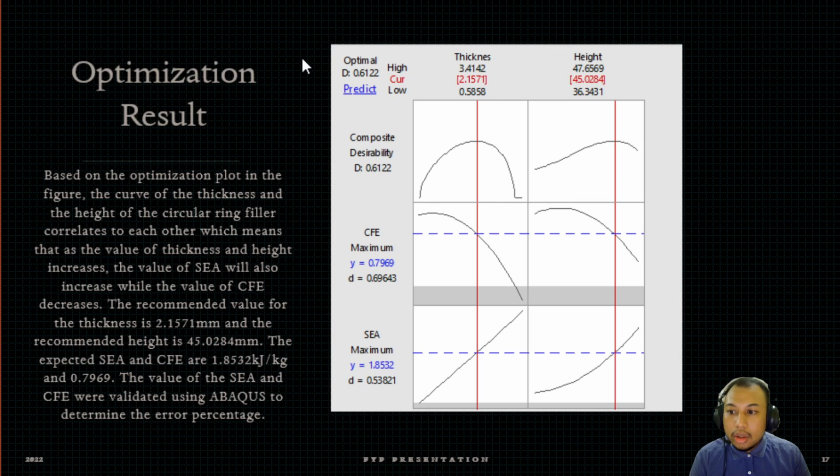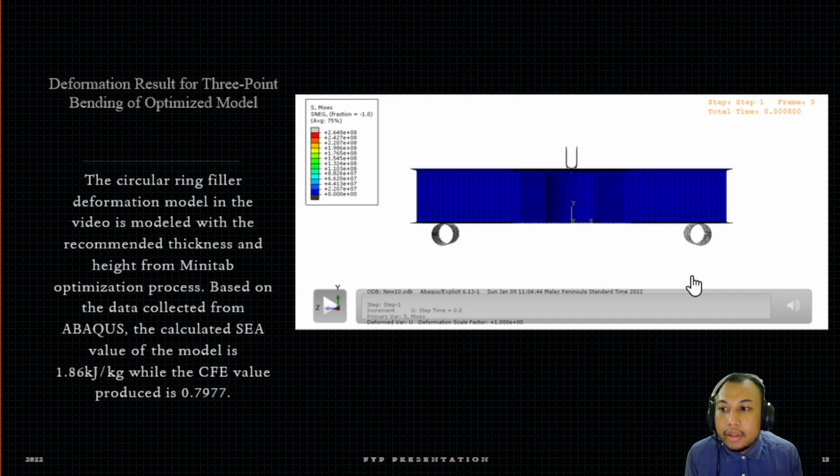The optimization plot produced by Minitab showed that a thickness value of 2.1571 mm is the most optimum value, which produces the most optimum SEA and CFE of the square tube, while a height of 45.0284 is the most optimum for SEA and CFE.